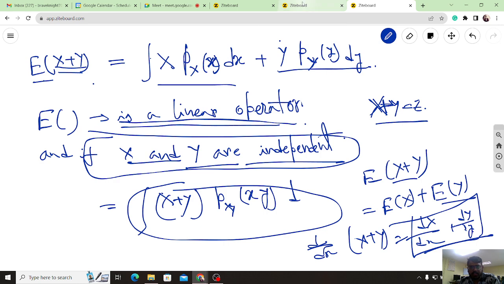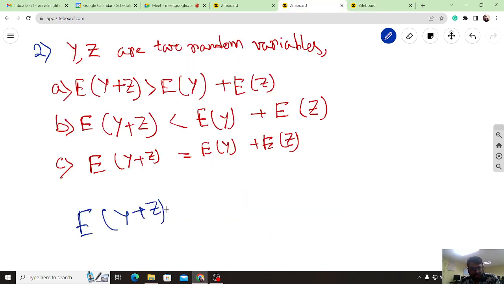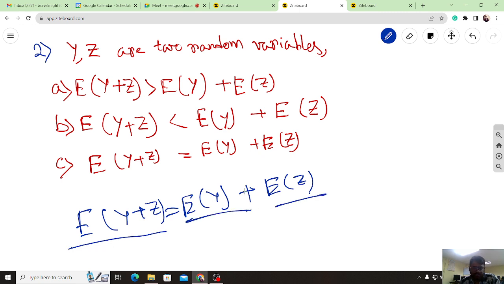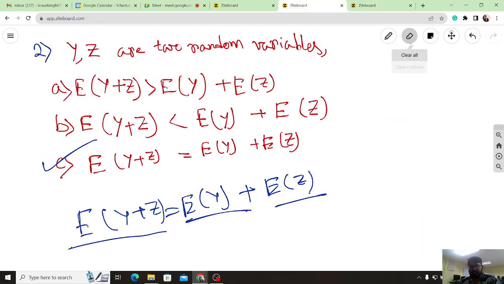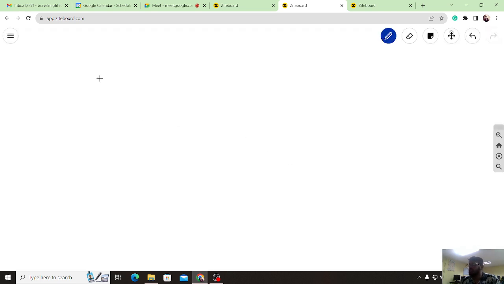So basically I can write the equation here that expectation of Y plus Z is actually doing expectation of Y plus expectation over Z. So the right option is option C, because this is the linear equation. Okay. Let us move to the next question.